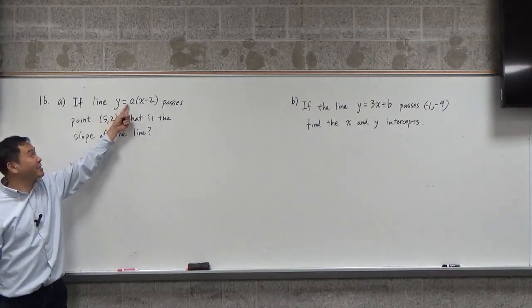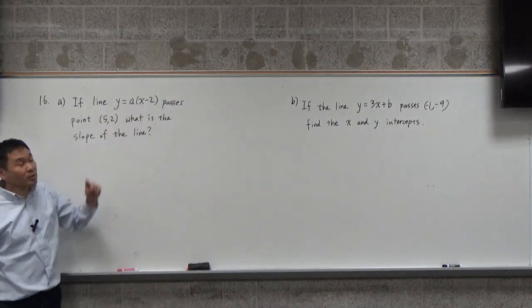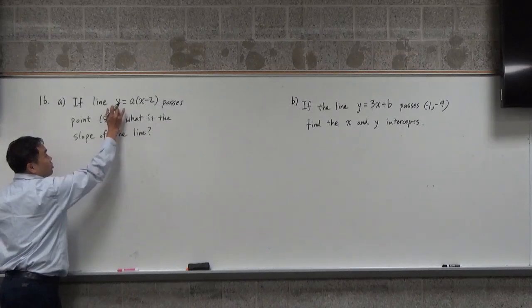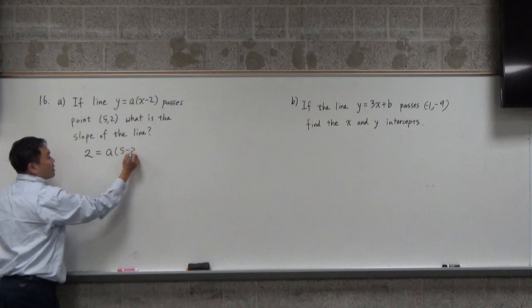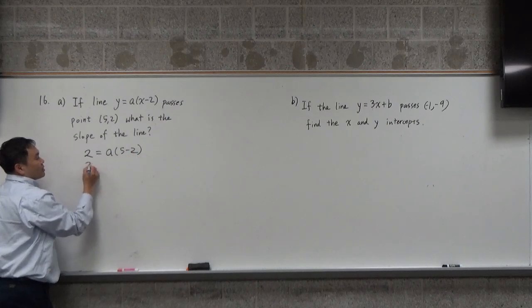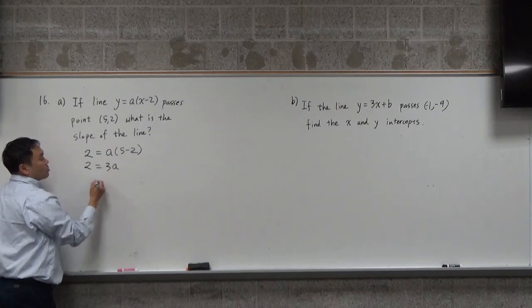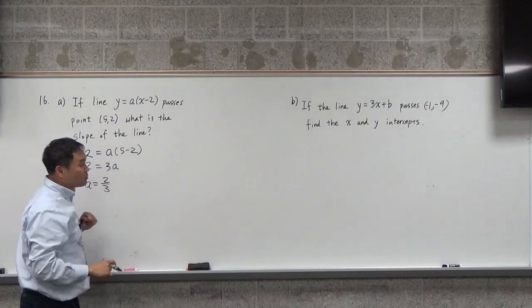So we just plug it in and set it equal, and that's going to tell us what the a value would be, right? So let's do that. 5 goes into x, 2 goes into y. So 2 equals a times 5 minus 2. And then 5 minus 2 is 3. So a equals 2 divided by 3 if you divide both sides by 3.